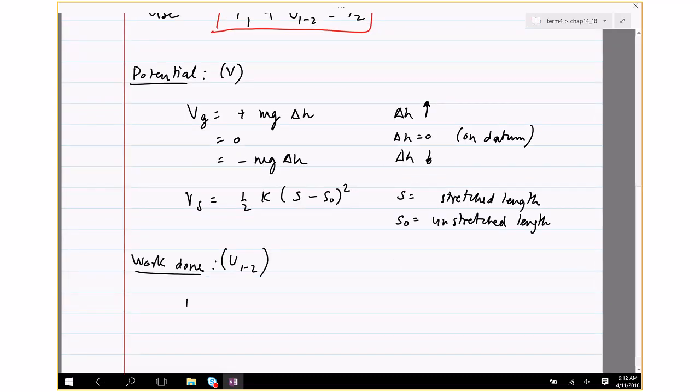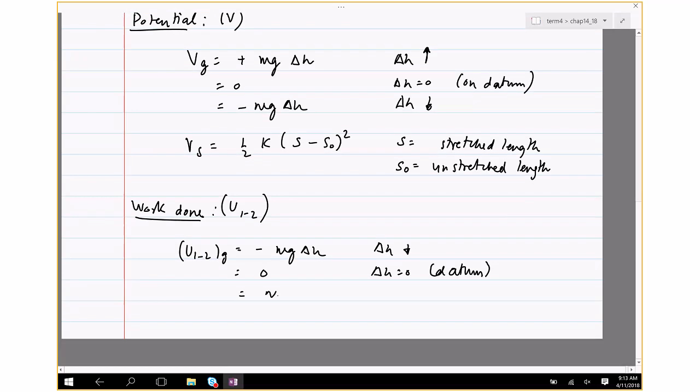What I mean by that is, U12 due to gravity is always going to be minus mg delta h if delta h is down, 0 if delta h is equal to 0 or on the datum, no movement, or equals plus mg delta h if delta h is up.